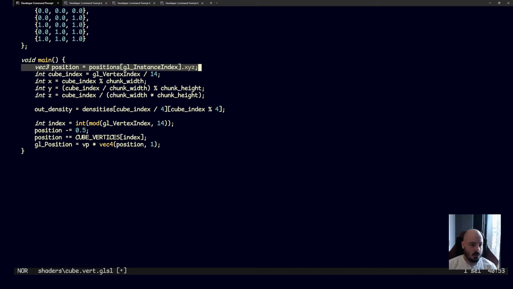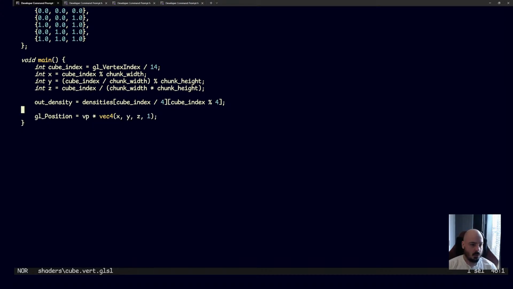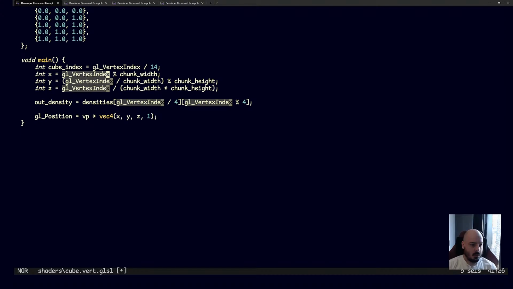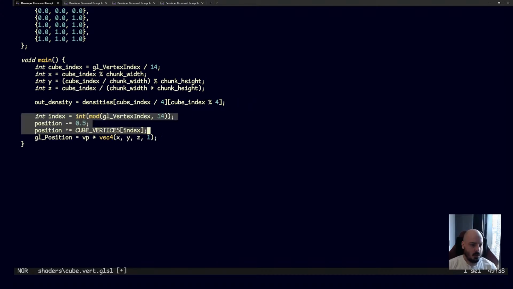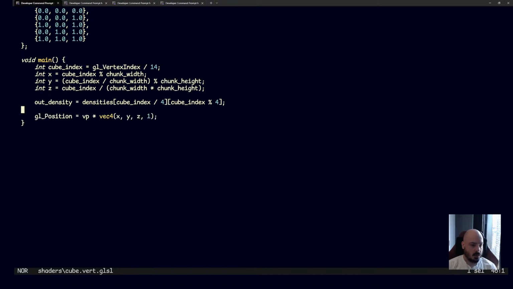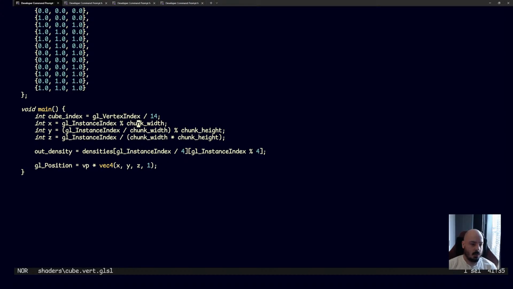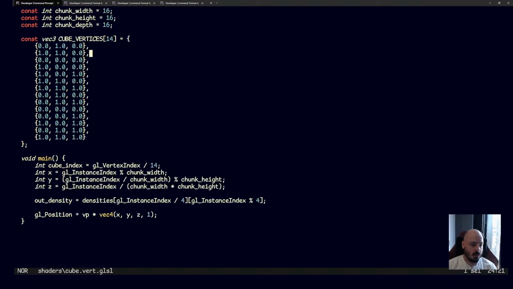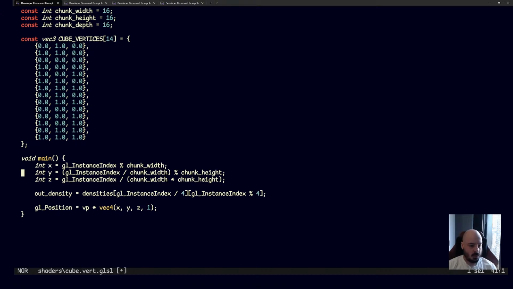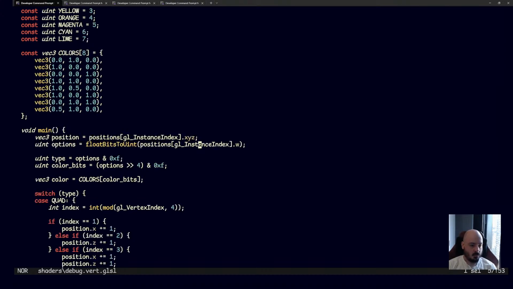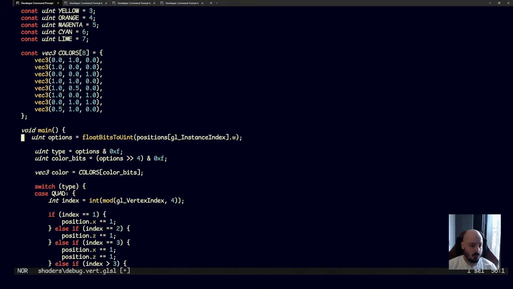So actually, this could totally work. So these X, Y, and Z, they would actually be instance index. Yeah, why don't we do that? So we'll send in 16 by 16 by 16 instances, and then we'll use the vertex index to calculate the cube. Whoops.